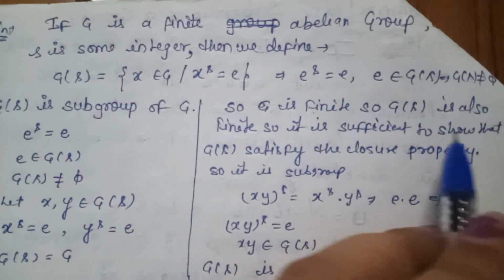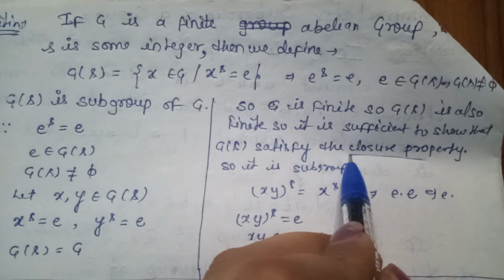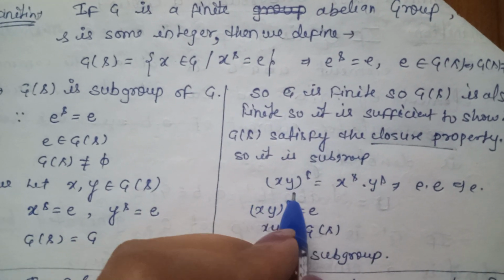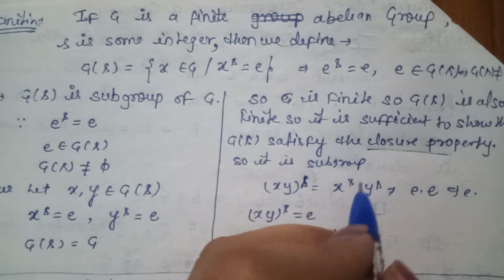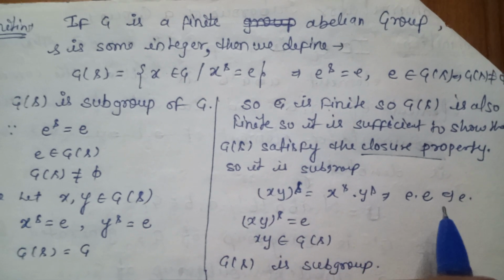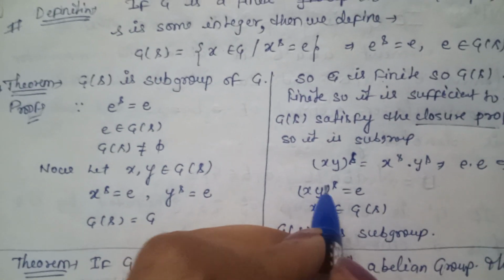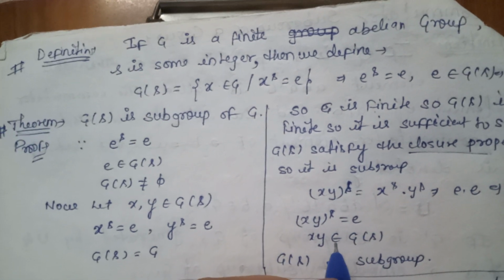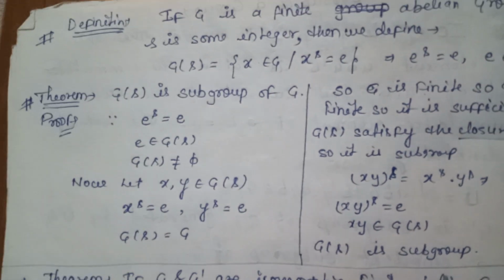So it is sufficient to show that G_s satisfies the closure property, and then it is a subgroup. So (xy) to the power s is equal to x to the power s times y to the power s, which is equal to e times e, which can be written as e. Then (xy) to the power s is equal to e, so xy belongs to G_s and G_s is a subgroup.